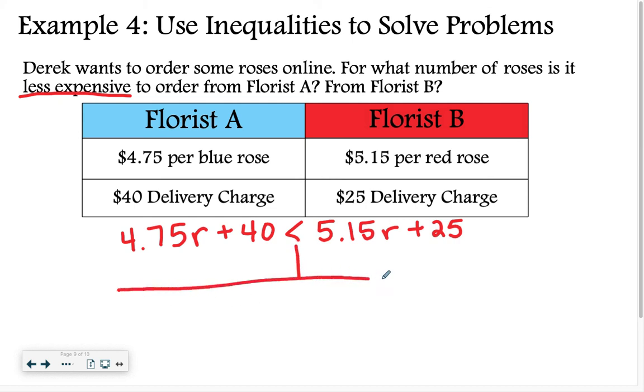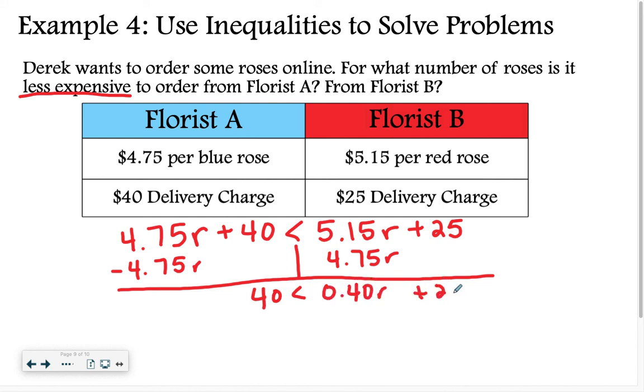So Florist A, if I keep going from there, I'm going to subtract 4.75R from both sides. I'm left with 40 is less than 0.40 times R plus 25. Then I'm going to subtract 25 from both sides. 40 minus 25 is 15. 15 is less than 0.4R.